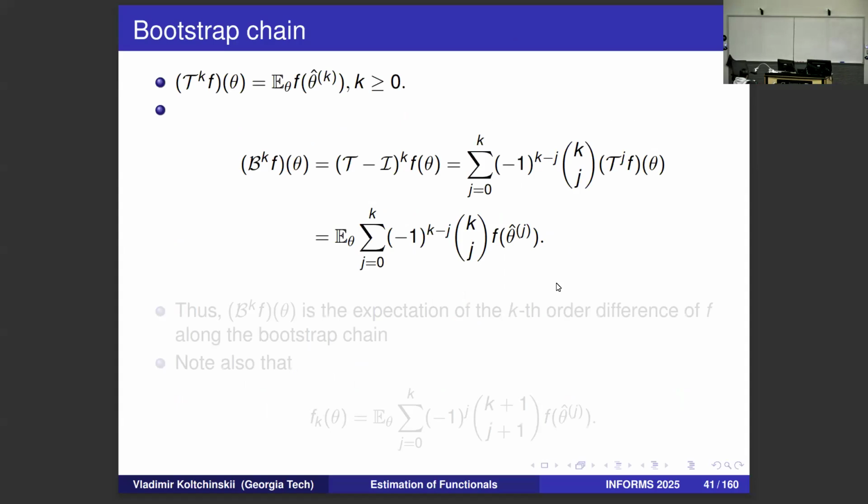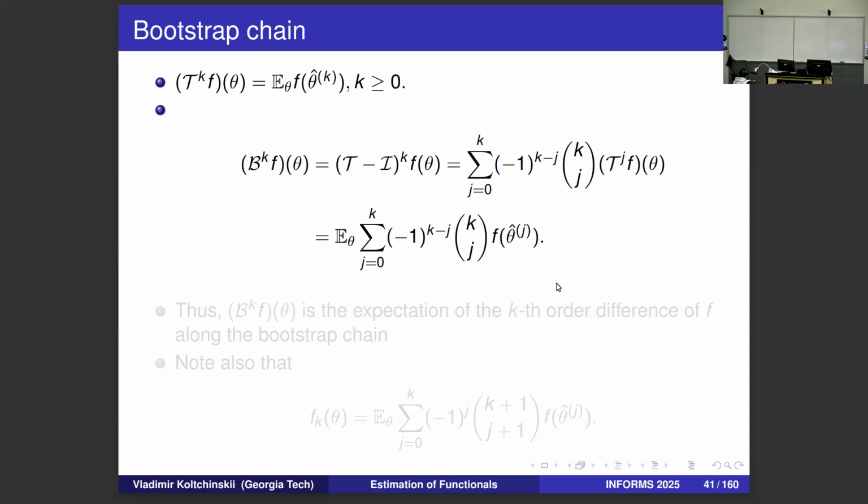We can write formulas for operator T to the power k f, it will be expectation of f(theta hat k). This follows just from the Chapman-Kolmogorov equation for our Markov chain, right? It's not anything complicated. Now, B^k f(theta hat), again, by using Newton's binomial formula, we can write it this way.